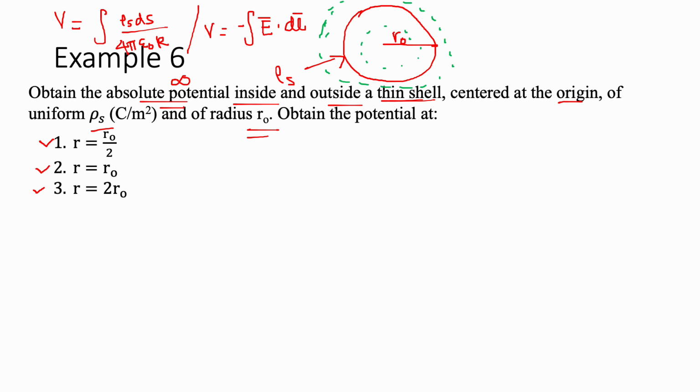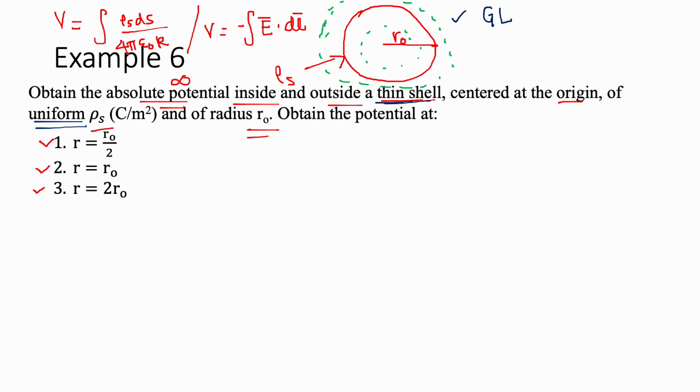If you still remember, to find the E field for this structure, we can use Gauss law. Why can we use Gauss law? Because it fulfills two conditions. First of all, it has a uniform charge distribution.